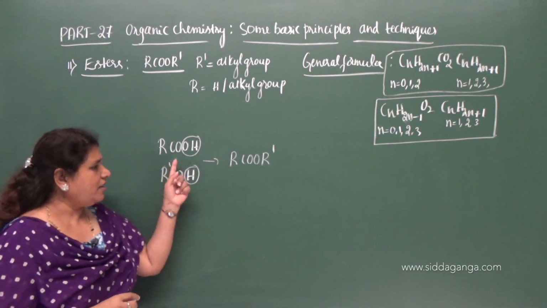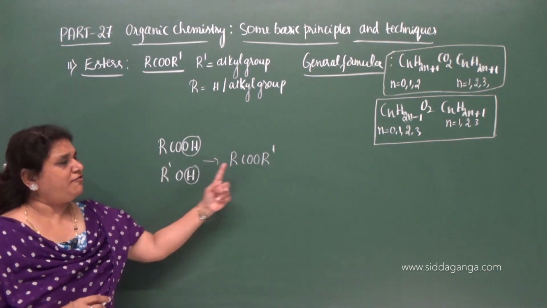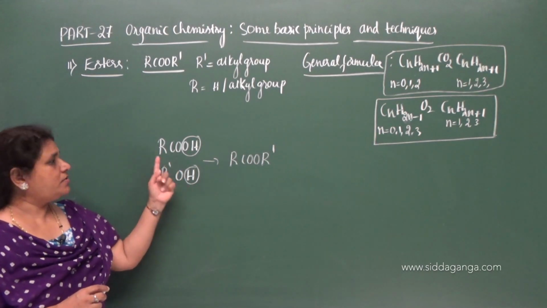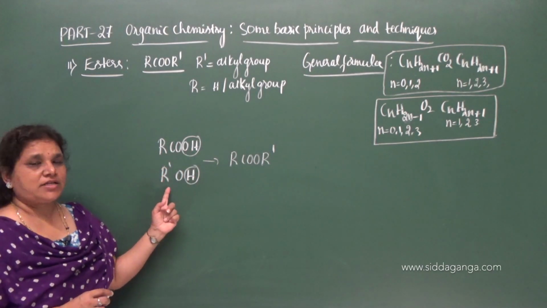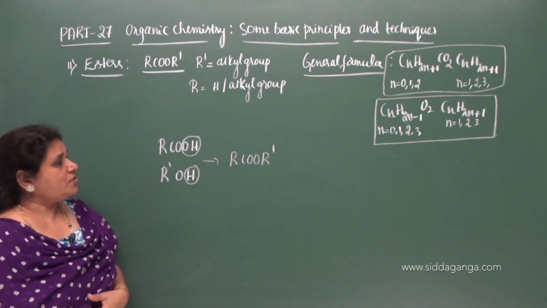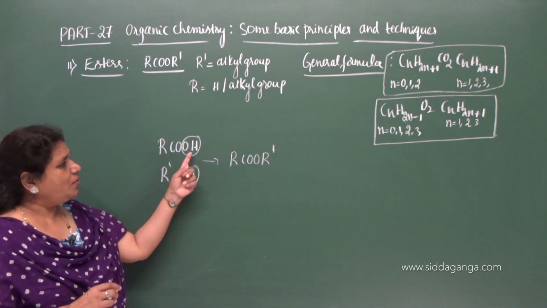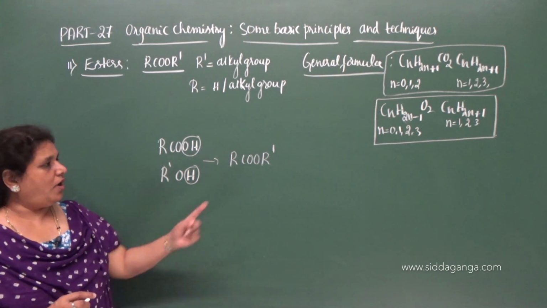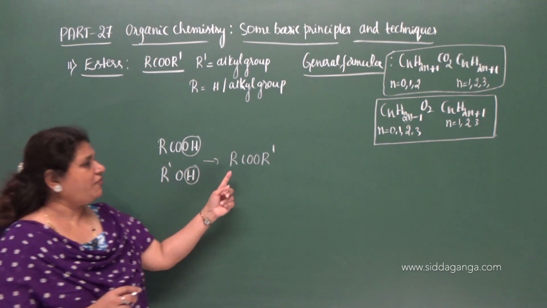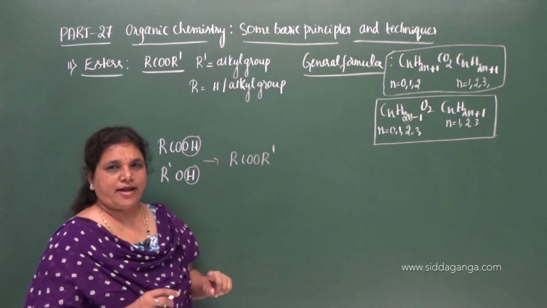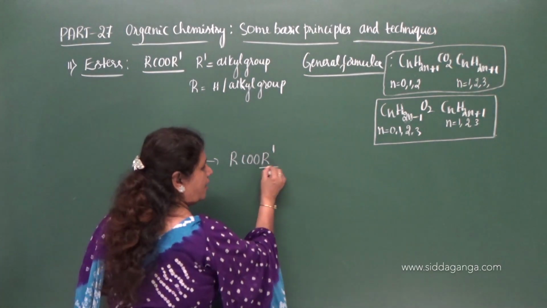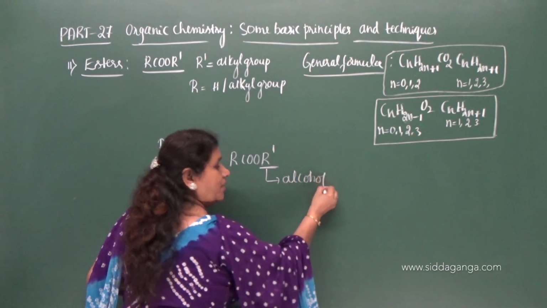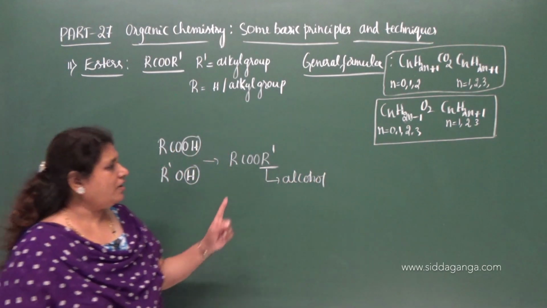So RCOOH reacts with R dash OH, the OH from the acid and the H from the alcohol, and that results in the formation of RCOOR dash. This means this alkyl group is always from the alcohol. Remember, this is very important.